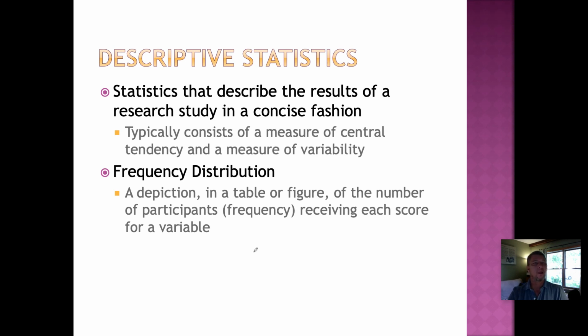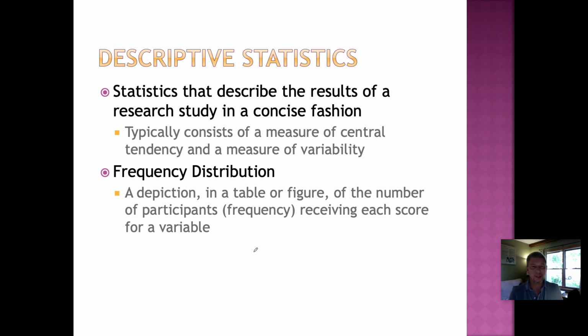We're not going to talk about those today, but we will talk about them next week, I think, soon in lab. In any event, descriptive statistics are simply statistics that describe the results of a research study in a concise fashion. Typically, they consist of a measure of central tendency and a measure of variability. So two different kinds of descriptive statistics, all right?